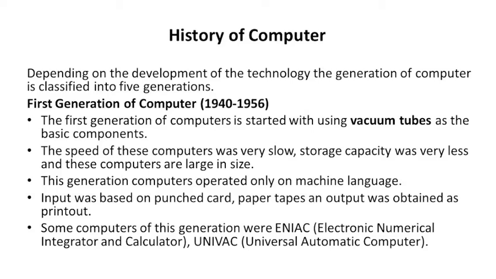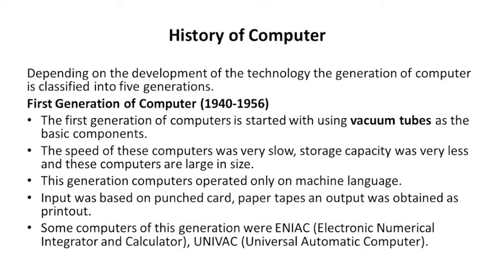The next topic is history of computer. Depending upon the development of the technology, the generations of computers are classified as five generations. First generation of the computer is from 1940 to 1956. The first generation of the computer started with using vacuum tubes as the basic components. The speed of these computers was very slow, storage capacity was very less, and these computers were large in size.